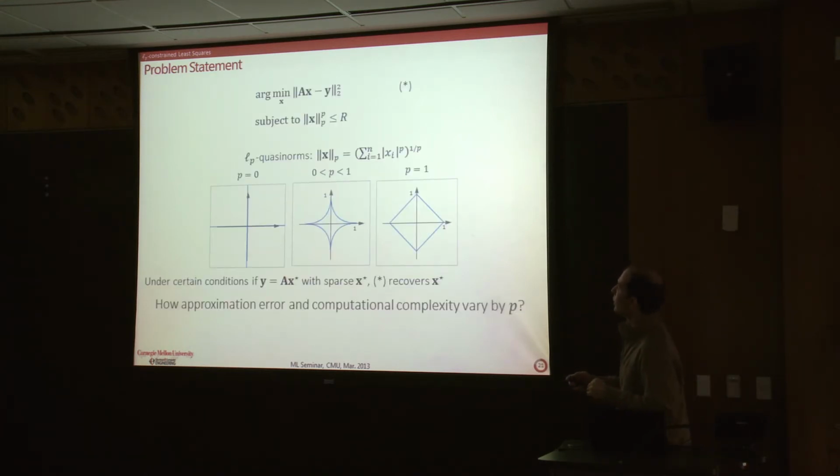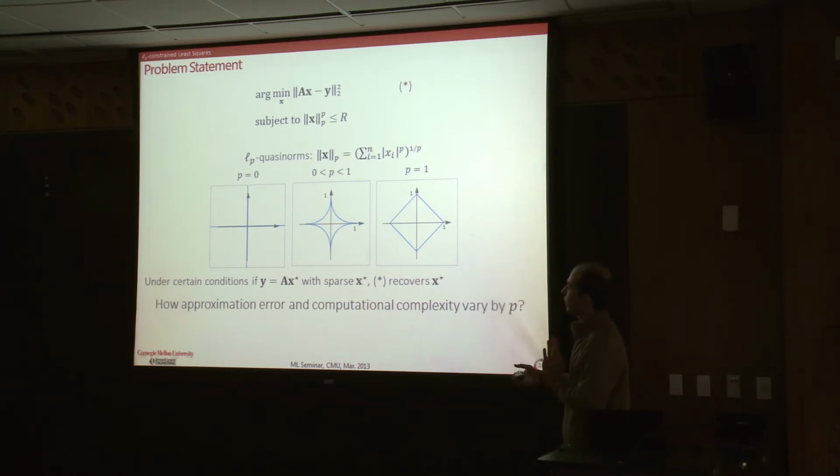So the problem that we want to address is the Lp-constrained least squares. We have the least squares as in compressed sensing, but the constraint here is with a non-convex Lp ball, with the Lp norms, which are not true norms, they're just quasi-norms, defined using this expression here. For example, for p equal to 0, we get the standard L0 norm.